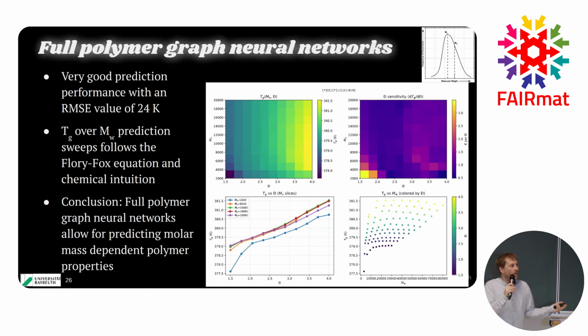We can sweep all these values and plot it, which is very nice for polymer scientists, because they maybe want to adjust the TG value to be exactly this value. So we tell them you need this dispersity and maybe this MW, but there may also be other possibilities for how to get the exact same TG with another set of MW and MD. So these sweeps have all this information.